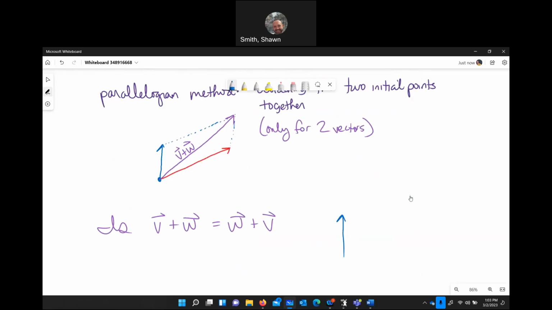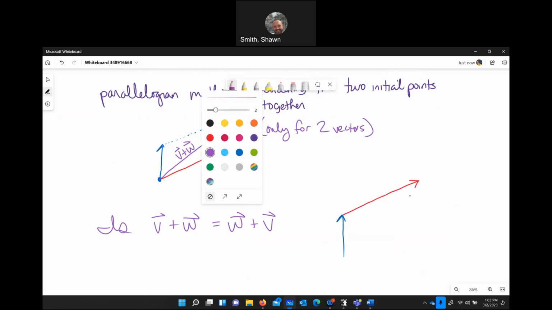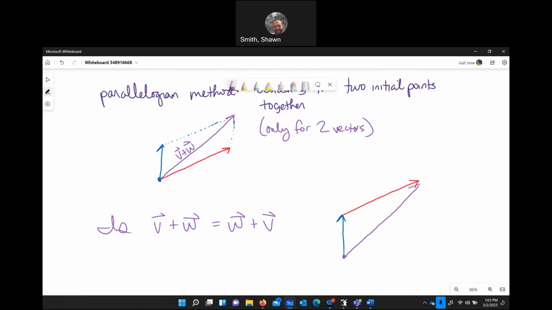And add V to it, red. And we should get beginning to end, or the parallelogram method would give us that. That's the same direction and same length, right? So yes. So vector addition is commutative.